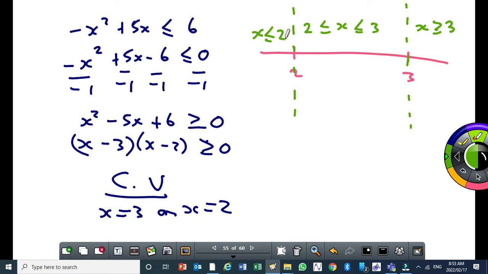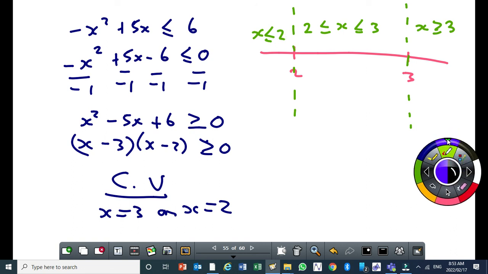Then we use trial and error. I'm going to do this quickly because of time. So let's choose the value. Let's start with 3 itself, the first interval to the far right. If I put 3 here, 3 minus 3 will give me 0. So I'll end up having 0 times 1, which will give me 0.